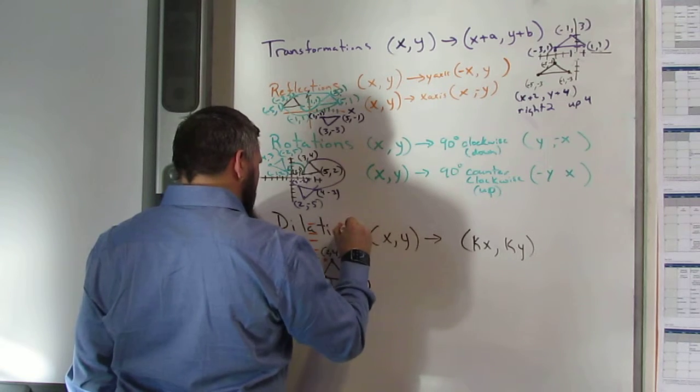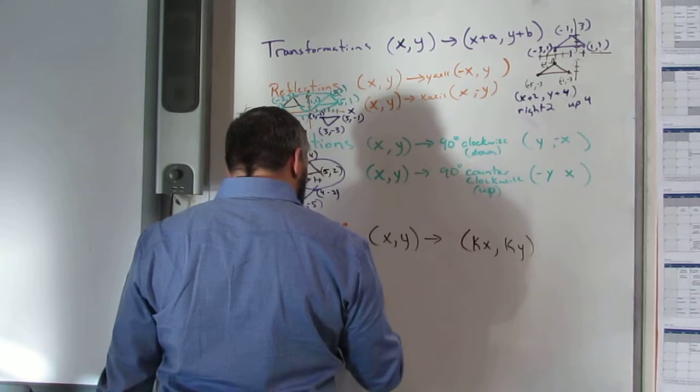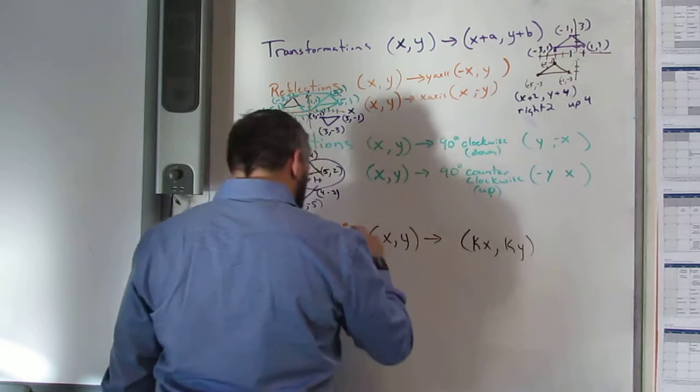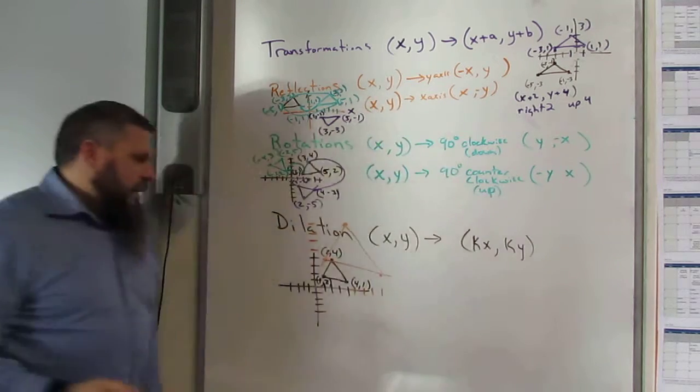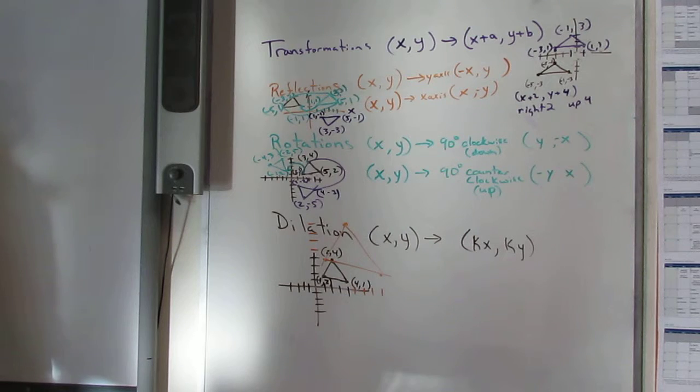And the 4 becomes an 8. And the 1 becomes a 2. Now it shifted, but it dilated. It got bigger.